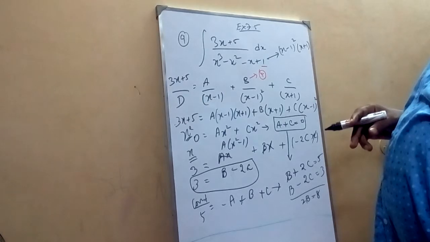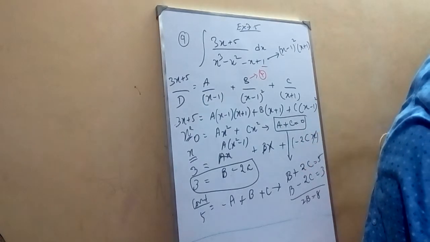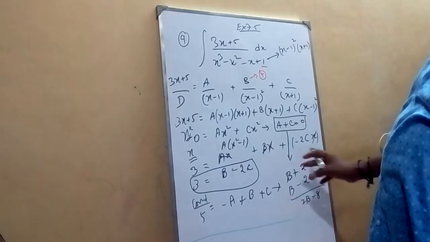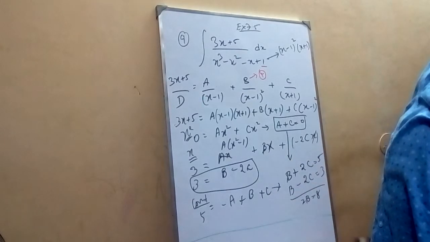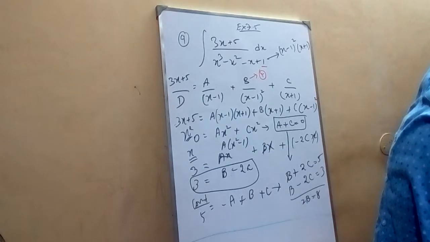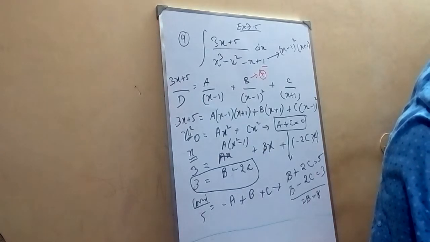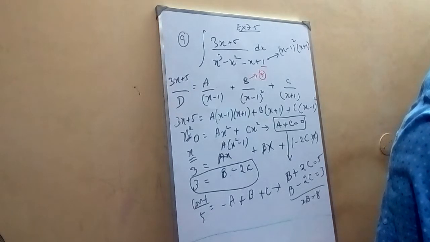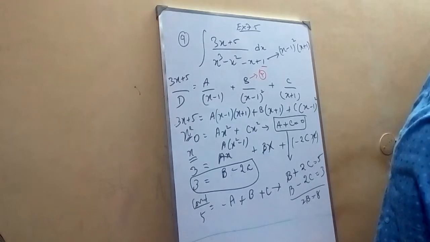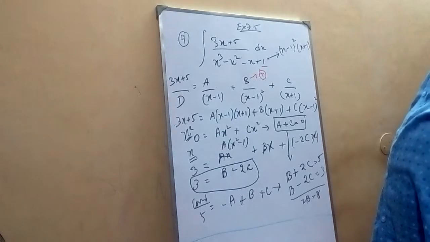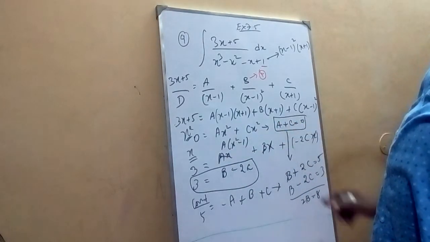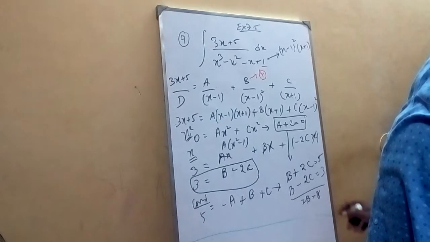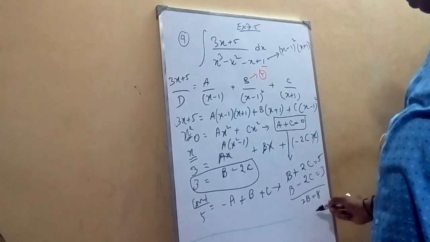So a and b is equal to 4, but here b came as 5. A plus c is equal to 0, but a is equal to 4. A plus c is equal to 0, b plus 2c is equal to 5, so b is equal to 4.